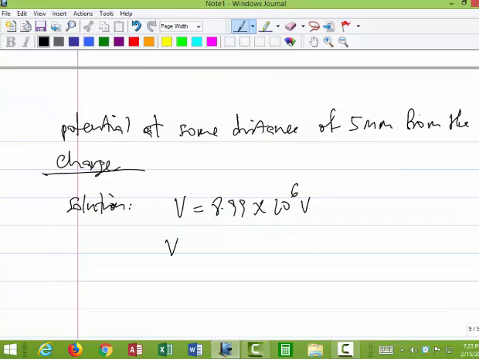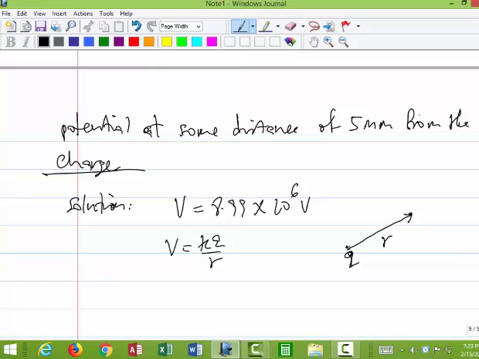So potential V is equal to KQ over R. So you have a charge Q here, and we are finding the potential at some point, some distance R from the charge. That potential is only due to the charge Q. It doesn't depend upon the probe or the test charge.